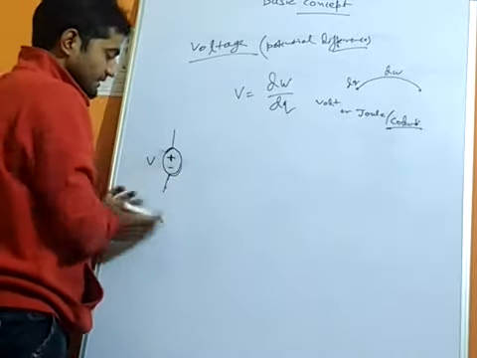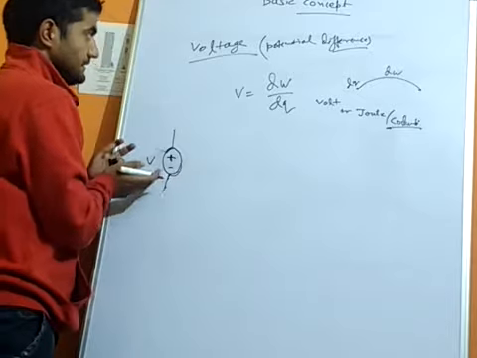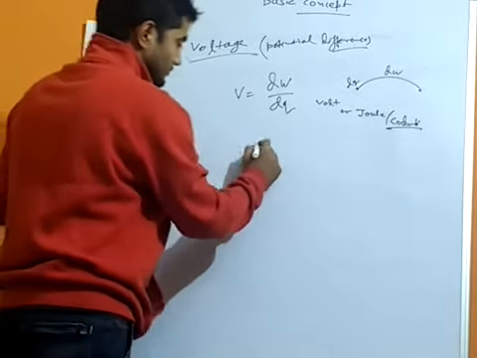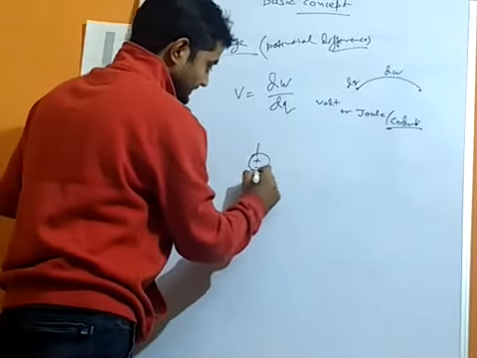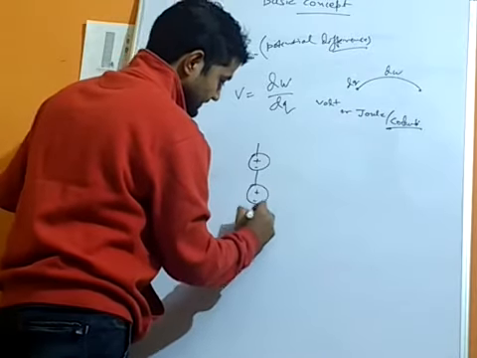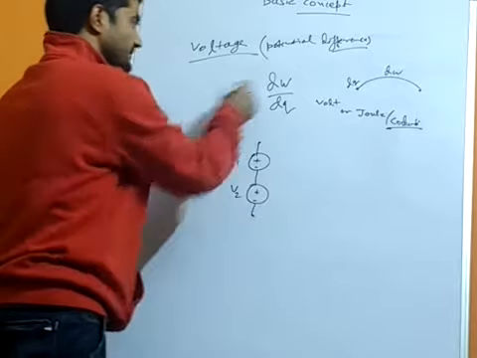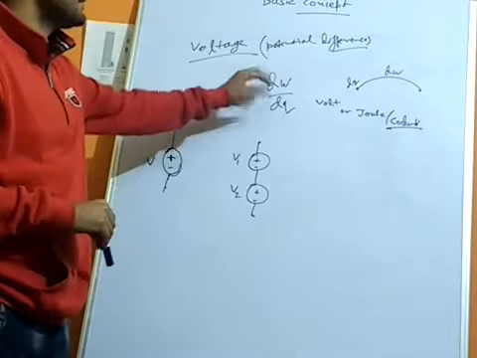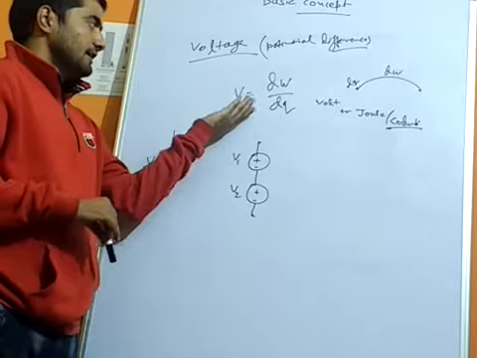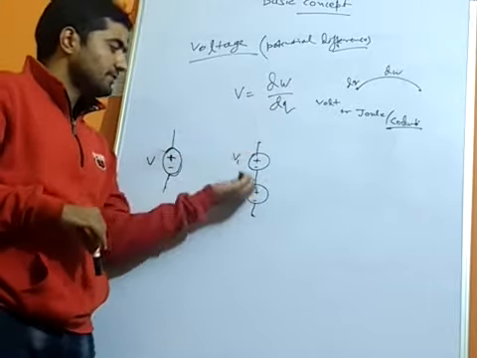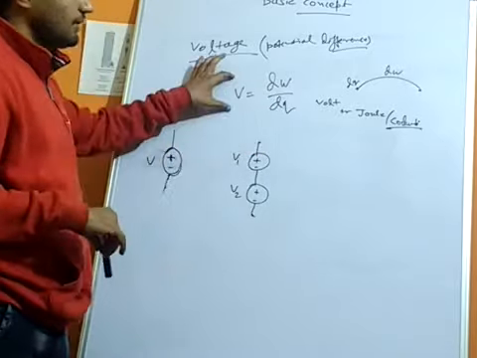This is the simple symbol denotation of voltage, but when two voltage sources are connected in series, then what happens? Let's see. V1, this is V2. Here we have just defined that the work done per unit charge to take a charge from one point to other point will be called the voltage.